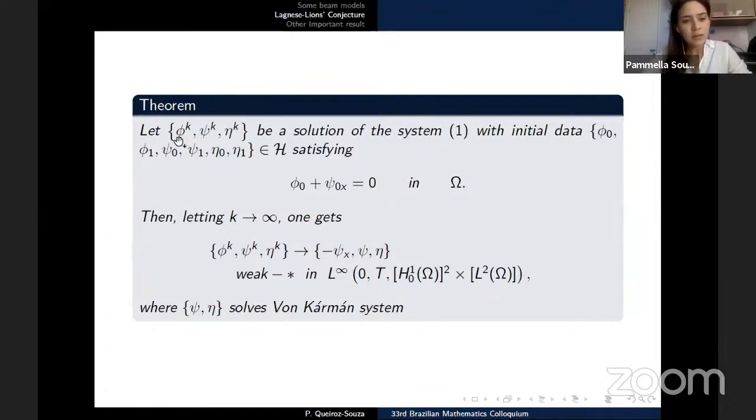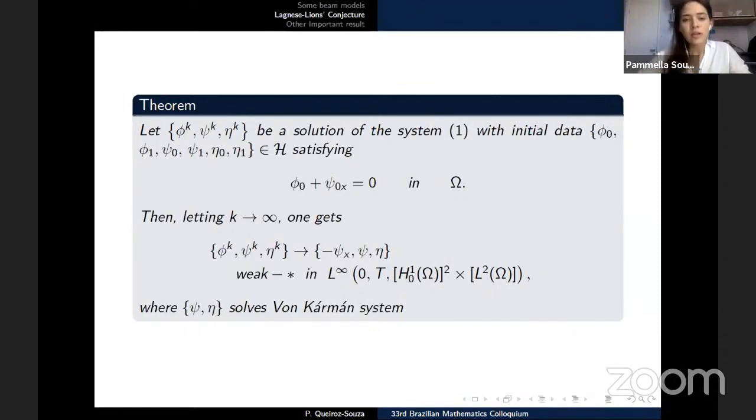Let phi, psi, eta be a solution of the Mindlin-Timoshenko system. Just to remember, we have a one-dimensional nonlinear Mindlin-Timoshenko system without the regularizing term.